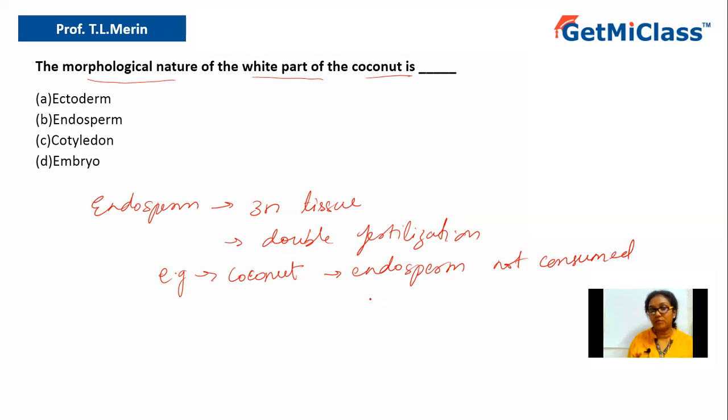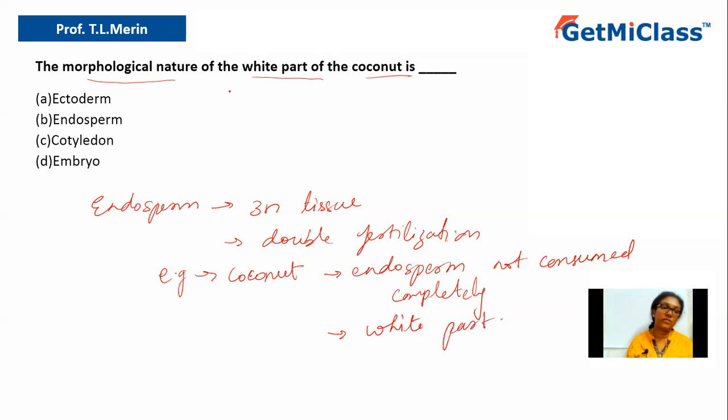Hence, it will have the coconut food, like this endosperm within it. So even after maturation, you can still see the endosperm in the case of coconut. So the white part we are talking about here in the coconut is nothing but the endosperm.